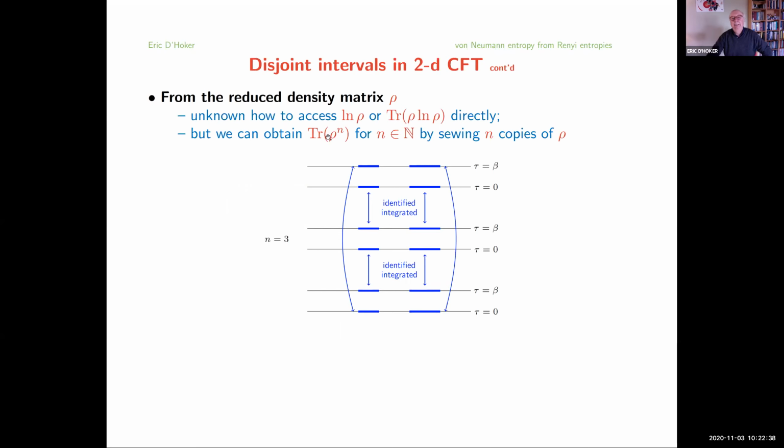The operation of tracing over rho to the n means that we identify the functions on these intervals separately, then integrate over them, and so on and so forth. Finally, the trace is obtained by identifying these, and then also summing over. So in short, while you cannot access the log of rho or the trace of the log of rho, you can access the trace of rho to the n.